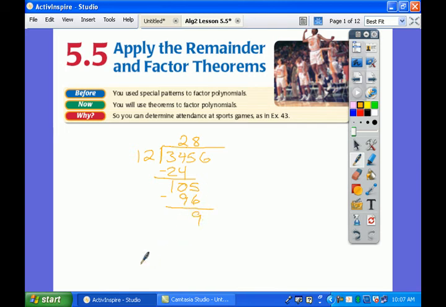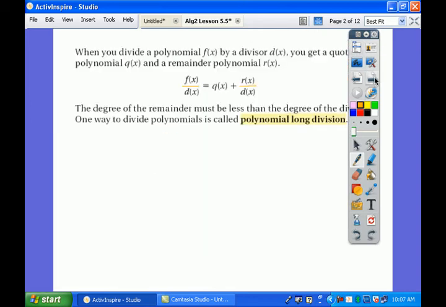Now we subtract. Okay? That should be 9. What do we do? Bring down the 6. Should be an 8 times 12, 96. Subtract, and what's our remainder? 0. This process is exactly the same as what we're going to do, except we're going to do it with polynomials.